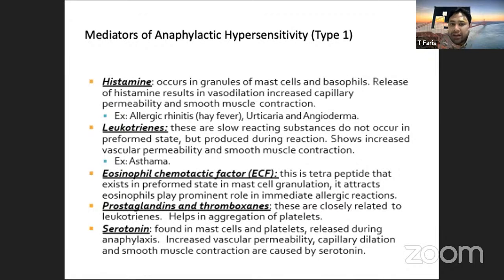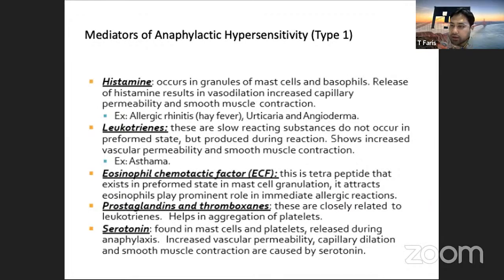Right now, you are dilating the diameter of the blood vessel. At the same time, the smooth muscle or the endothelial cells surrounding the blood vessel are contracting. So you have both muscle contraction and vessel dilation due to the histamine release. Another mediator we call leukotrienes.